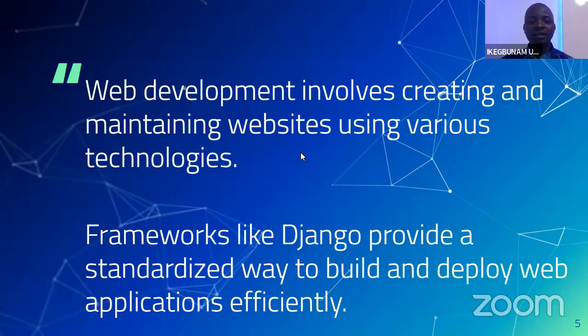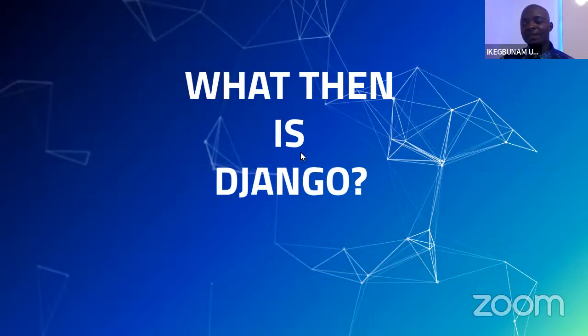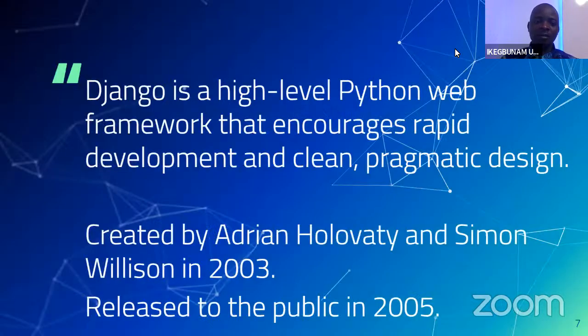So like I said, Django is a Python web framework. So if you know Python, you are here to know Django. So what then is Django? Let's take a look at what Django is all about. It is a high-level Python web framework that encourages rapid development and clean, pragmatic design.